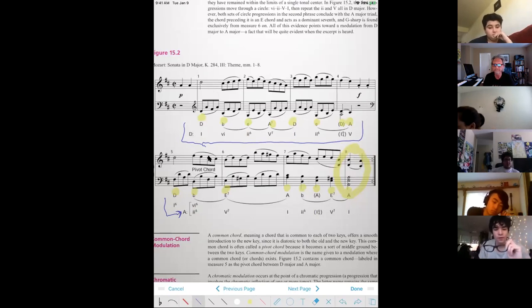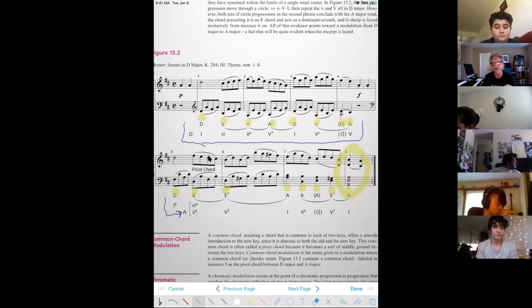How would he know that if there's no accidental there? Why would he pick that B instead of... Yeah, I will explain that. That's a good question. So when I'm looking at a piece of music or I'm analyzing it, the way that you have to do it in classical music is you've got to determine at what point does the tonal center shift if it's modulating.